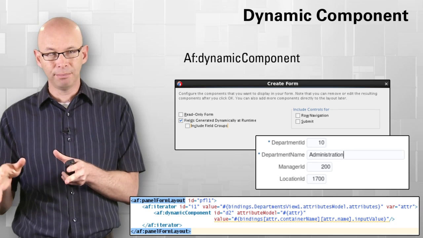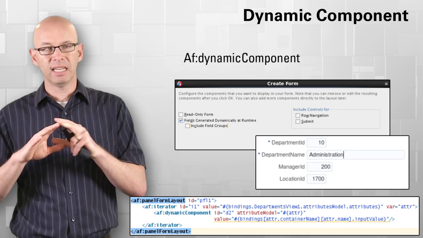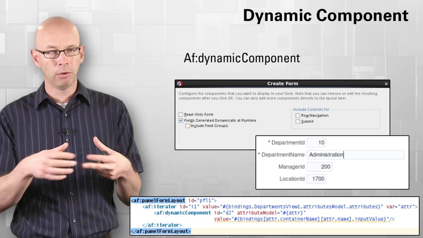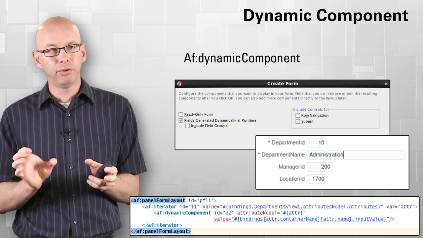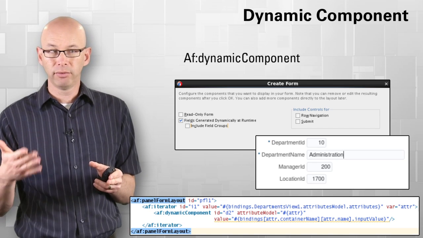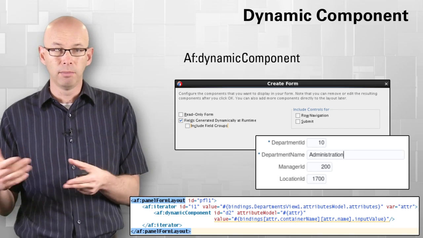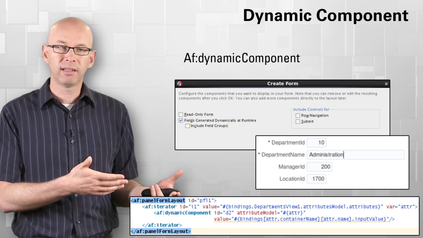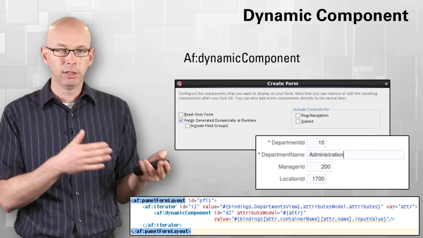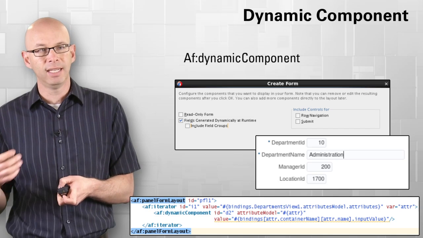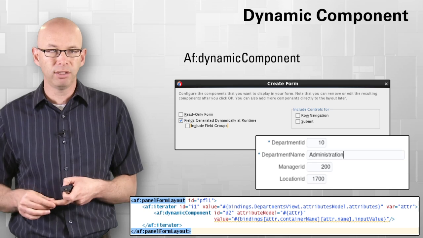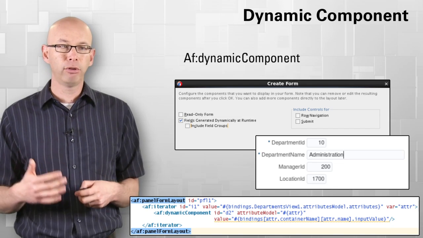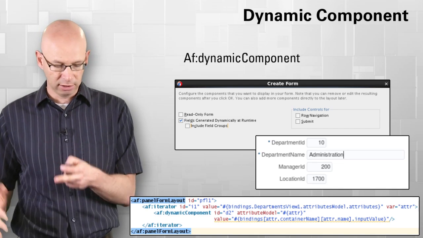At runtime, what the user sees is a normal page, a normal form with the normal fields. Okay? The advantage here is that if you change the definition, for example, of your view object, if you add fields, if you remove fields, your UI automatically adjusts to those changes. You don't have to go and modify each page that uses this view object. So this is a very new component, very exciting component, again, allowing you to create a more dynamic application with ADF.